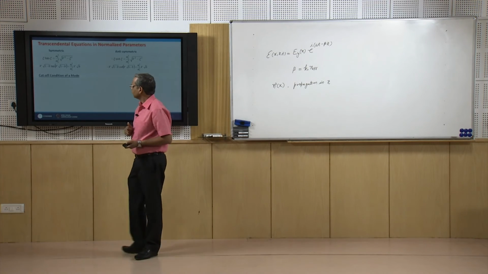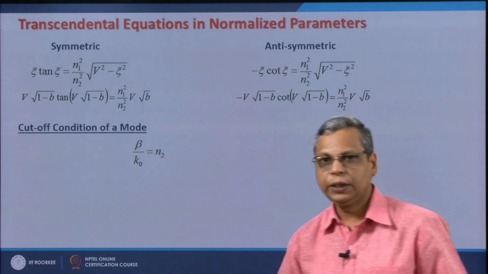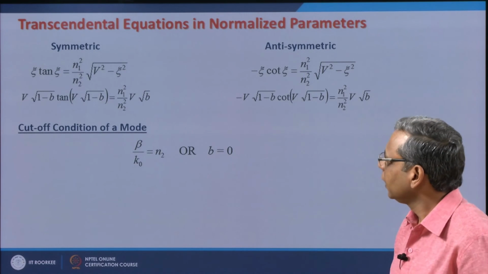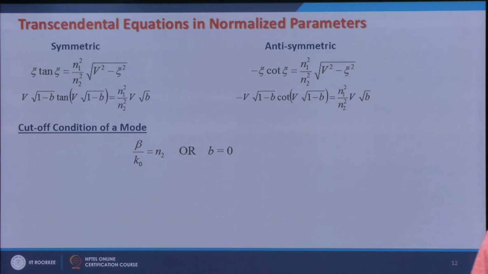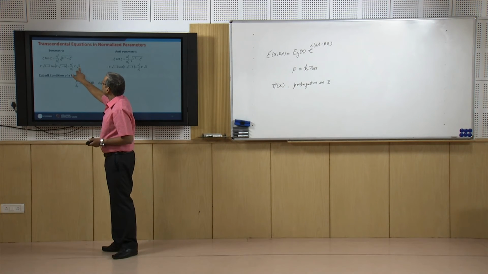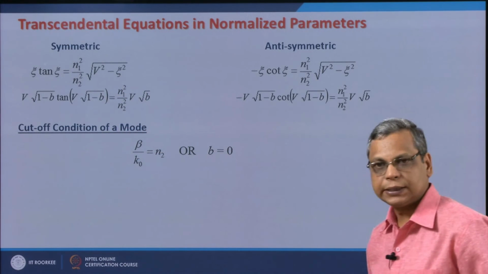Cutoff conditions. What are the cutoff conditions? Well, beta over k naught should be equal to n2, which means b should be equal to 0. If I put b is equal to 0 here and here, I will get the cutoff conditions for symmetric and anti-symmetric modes, and you can see that since b has to be 0, this factor is absorbed in 0.